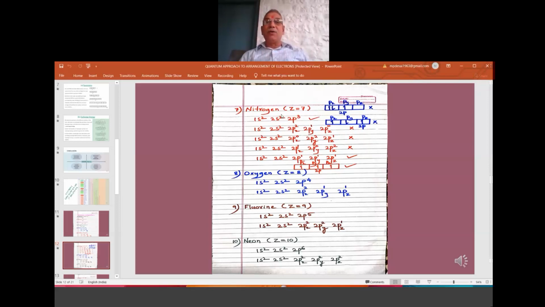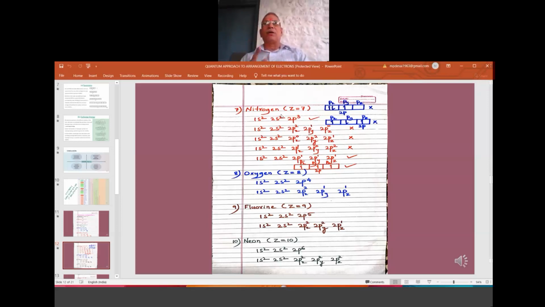When we compare half filled and fully filled, the most stability is from fully filled. Because when the orbitals are full, the electrons don't have any work, so we have to supply a lot of energy to separate them. That's why when every orbital is completely filled, that is the most stable.